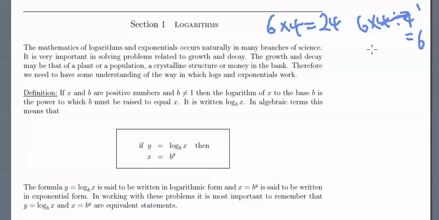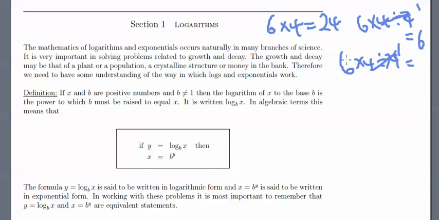One more thing: if I do 6 times 4 divided by 9, do these cancel out? Well, no, because the base number is different. So the base number has to be the same, and it has to be the opposite operation, and that's the only way that they will cancel out and give you a 1.